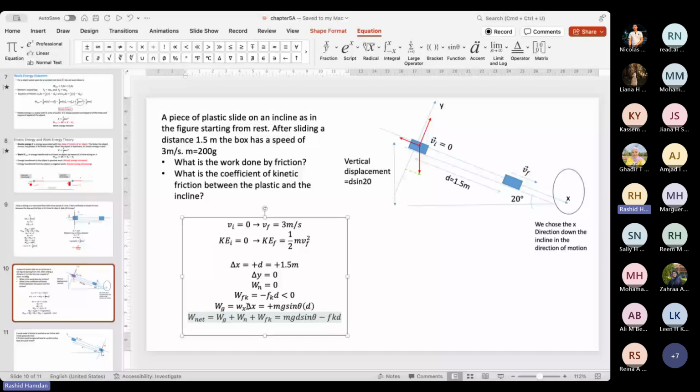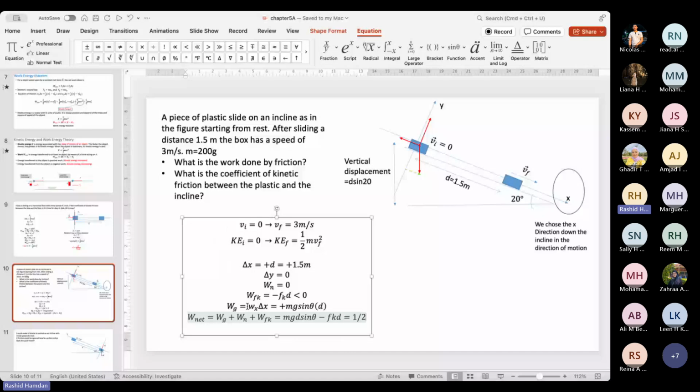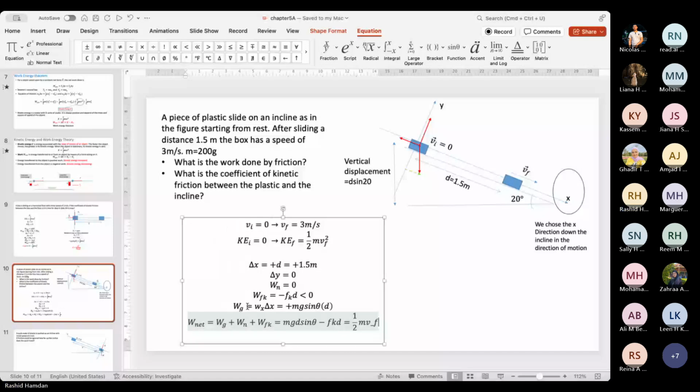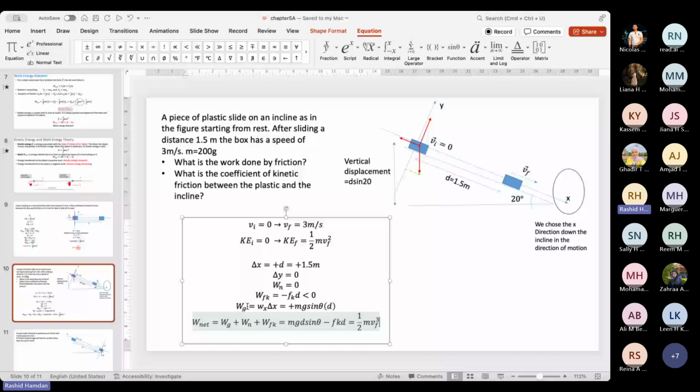Now it's equal to the change in kinetic energy. It's equal to half m v final squared, not cube, squared, minus 0.